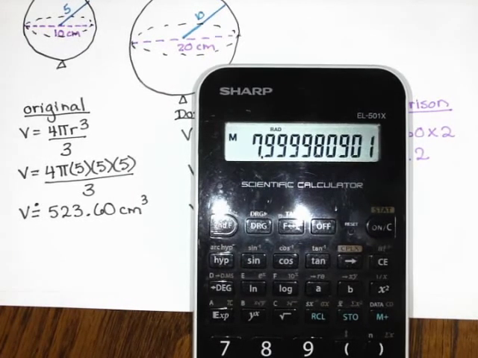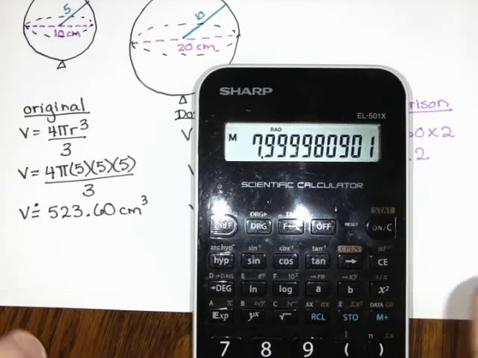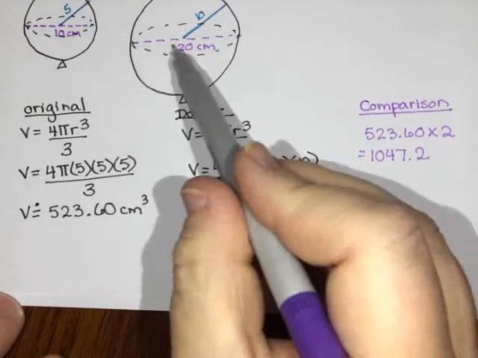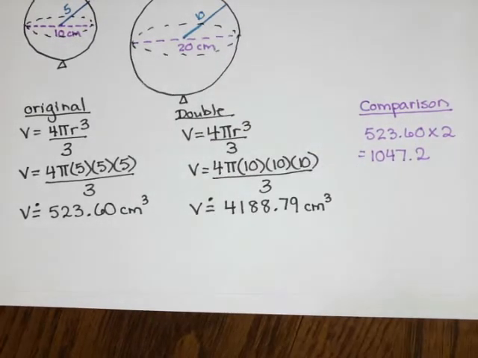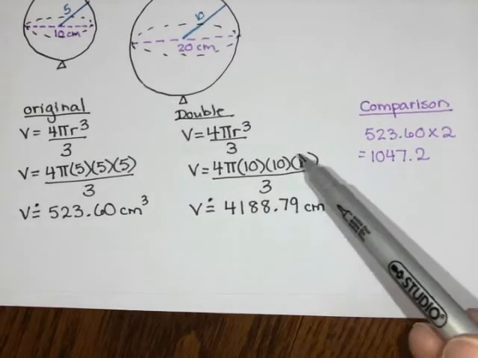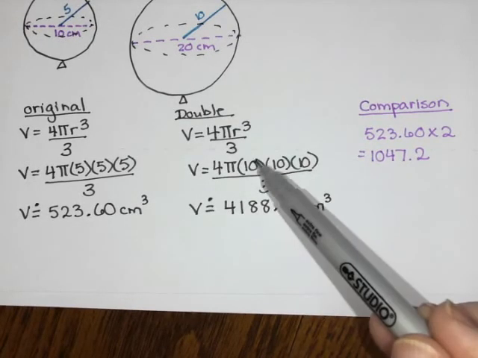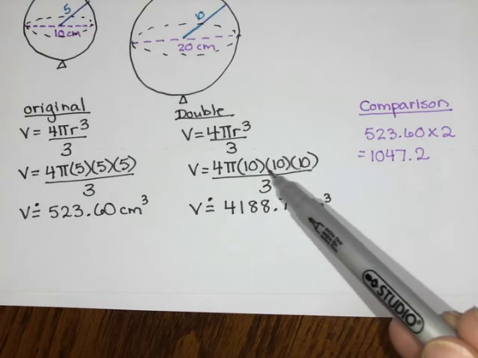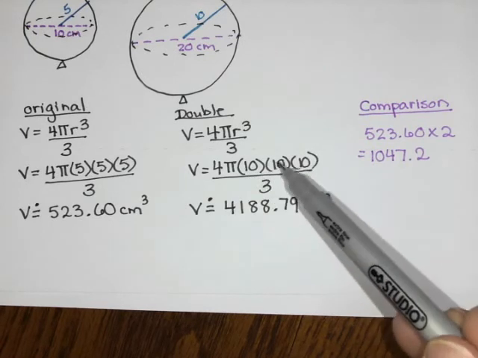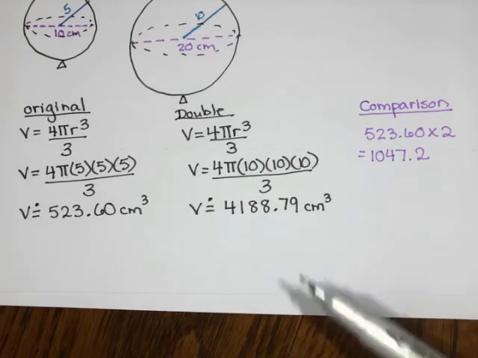So it takes almost 8 times the amount of air that it would if you just wanted this to be twice as big. That has to do with the fact that when we multiply, we're multiplying it 3 times. So if this is twice as big, this is twice as big, and this is twice as big, 2 times 2 times 2 is 8.